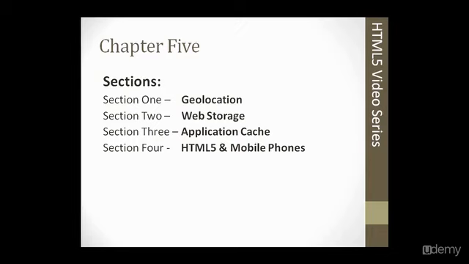If you wanted to put a welcome Bob at the top of the website, it could get the user's name and then display it. And then we're going to learn about application cache, which is all about offline-able pages, so we can cache our sites, our pages, so that people can access them even without an internet connection.